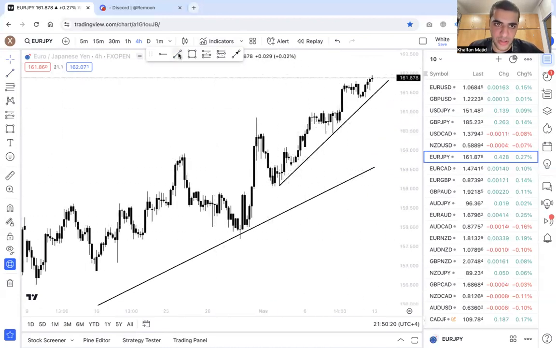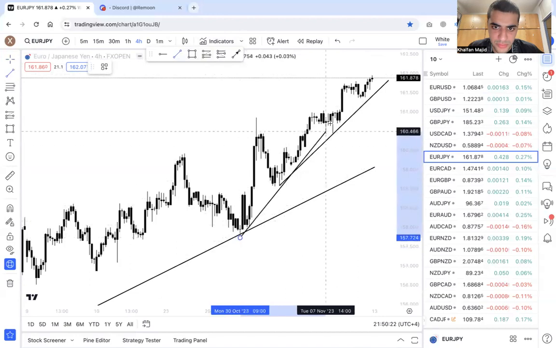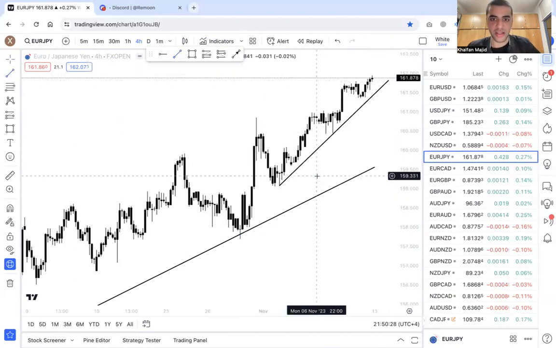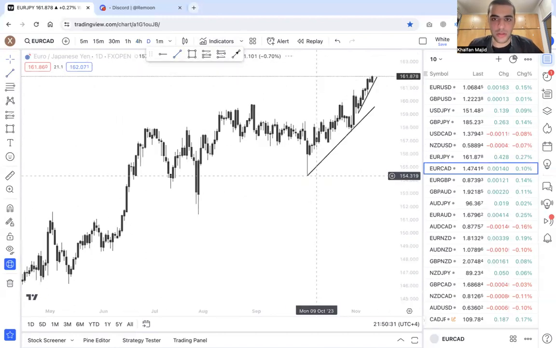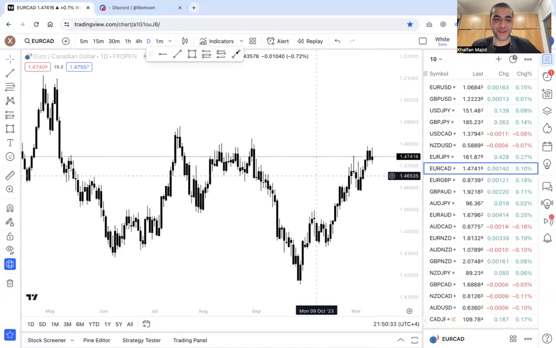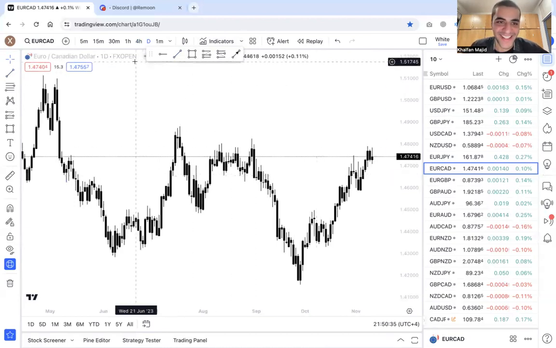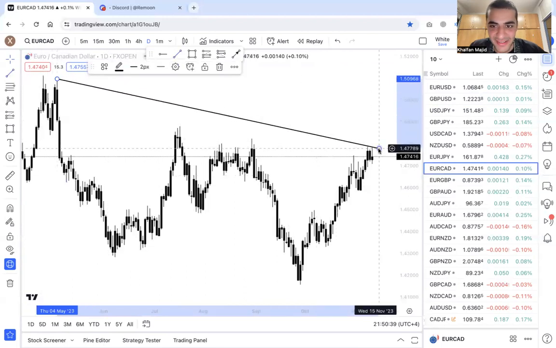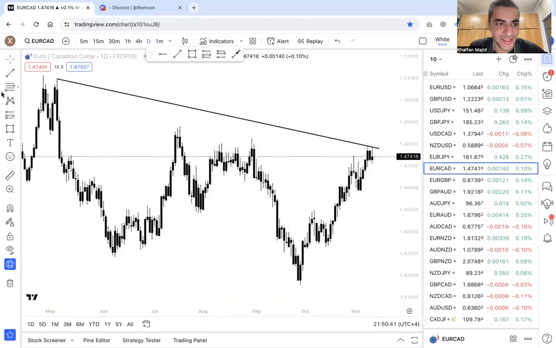This uptrend, I don't think it will work out. It could, but I don't trust it. I just draw it for entertainment purposes only. You see, this uptrend worked out, and the downtrend worked out, and price bounced yesterday or whatever.